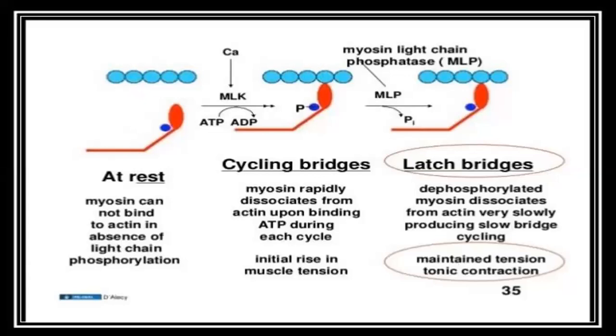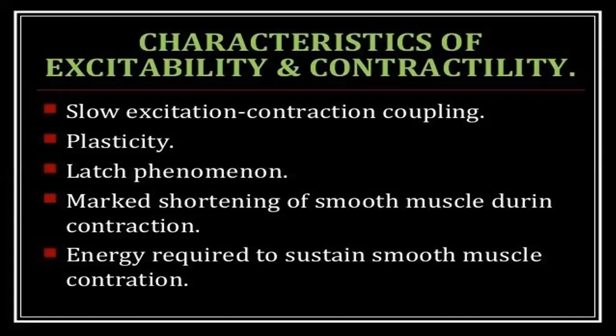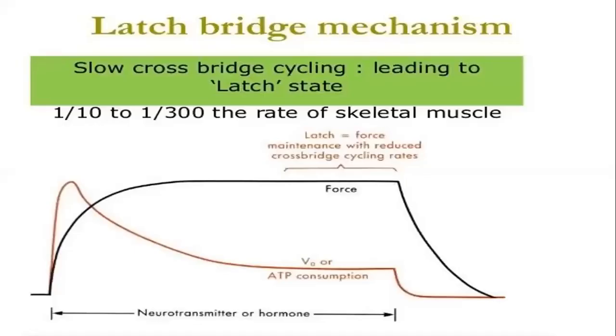So in these pictures, you can see the contractile mechanisms in the smooth muscle, the latch bridge formation, the relaxed phase of the smooth muscles. Now we come to some of the properties of the smooth muscle.